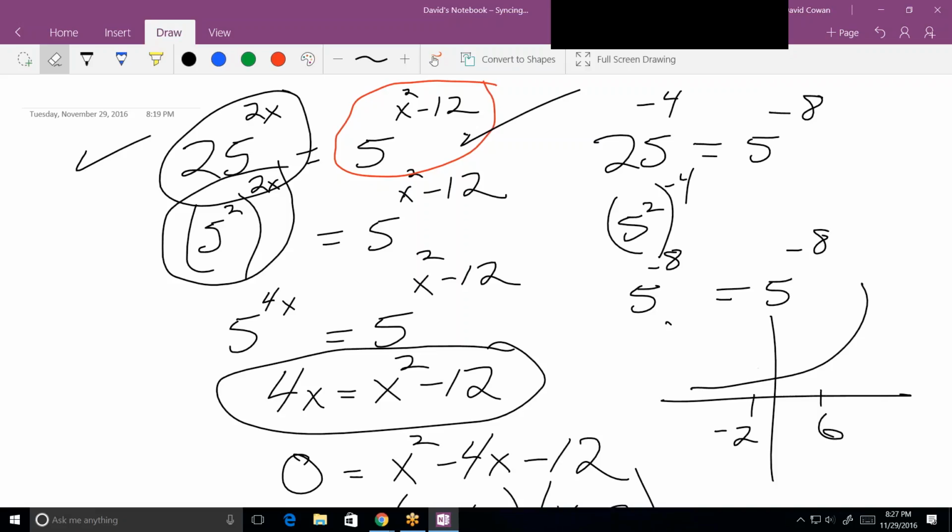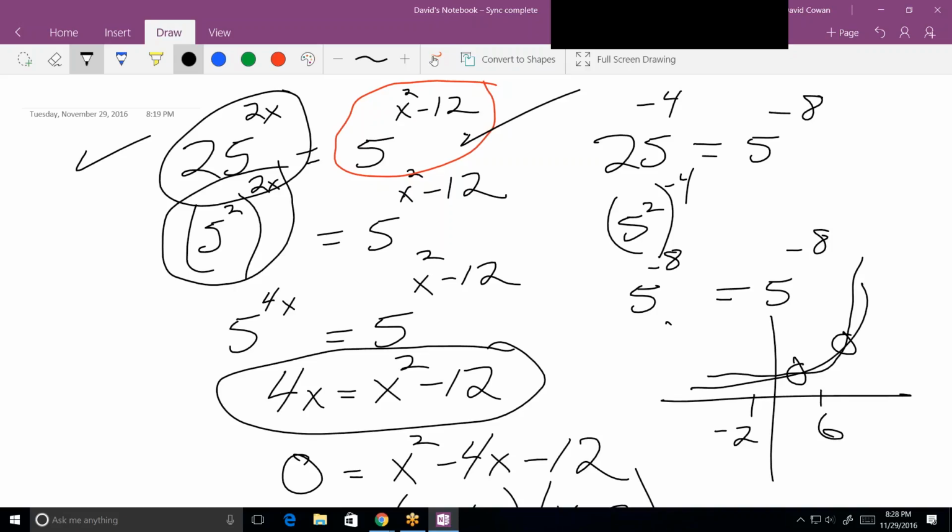I know that that's what 25 to the 2x is going to look like. Well, 5 to the x squared minus 12 is going to look something like this. And you've got two intersection points right there. Only they're going to come at minus 2 and 6 instead of where I drew it.